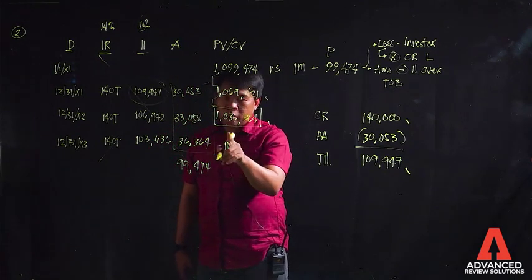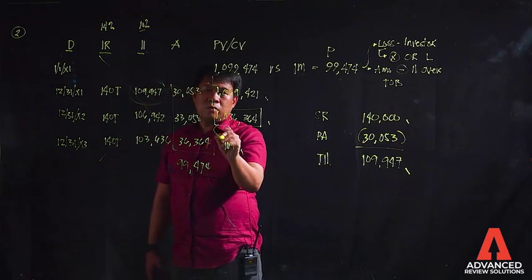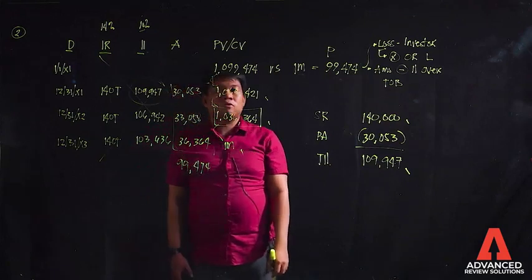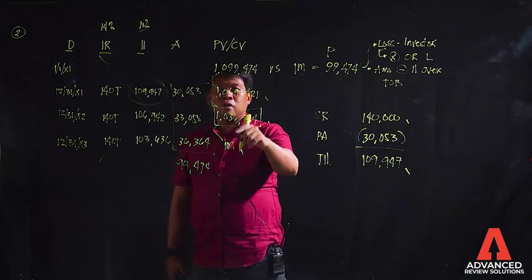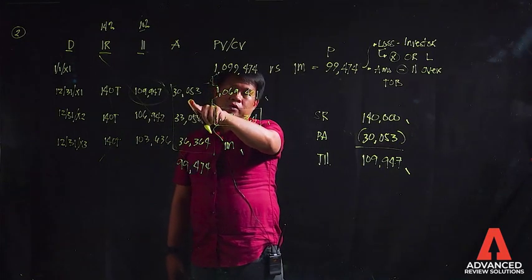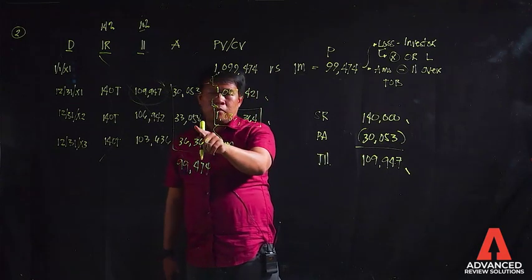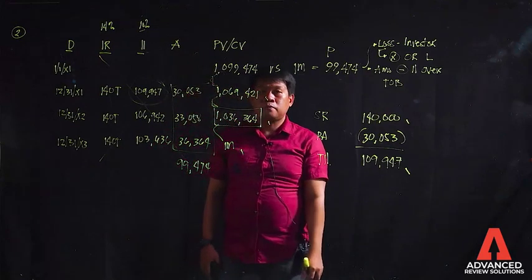At alam mo naman na 1 million yan eh, at maturity. So the difference between the two carrying values are what? The premium amortization. So this 30,053 can be computed using this. The difference between the two, that is 30,053. The difference between the two, that is 33,058. The difference between the two, that is 36,364.